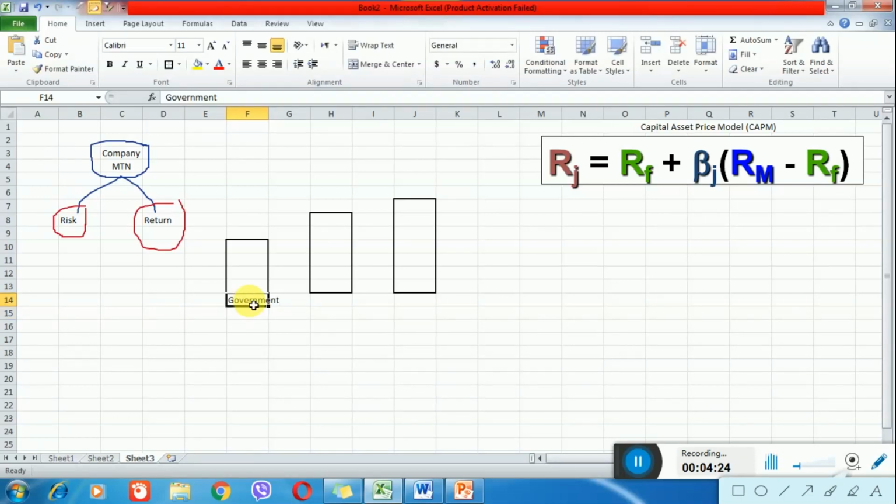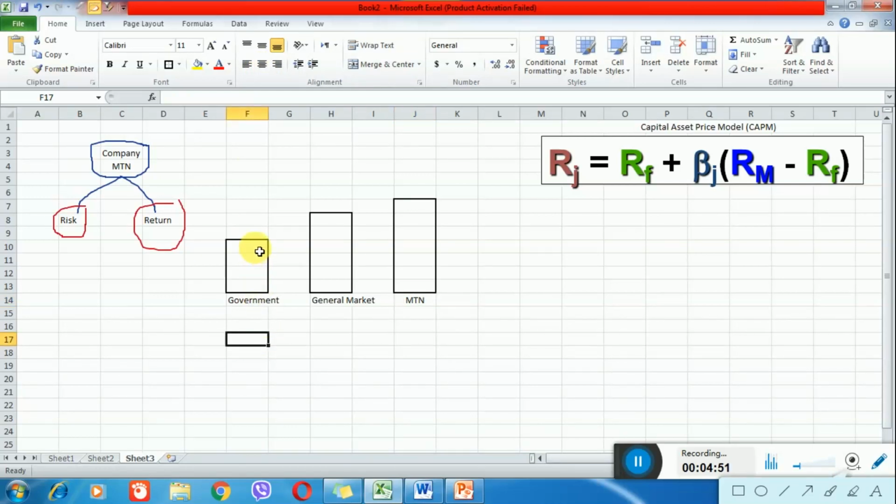You can make an investment in the government. The second opportunity is the general market, which we can also call the market portfolio. And the third opportunity you want to check is the company. Which company? The MTN company.